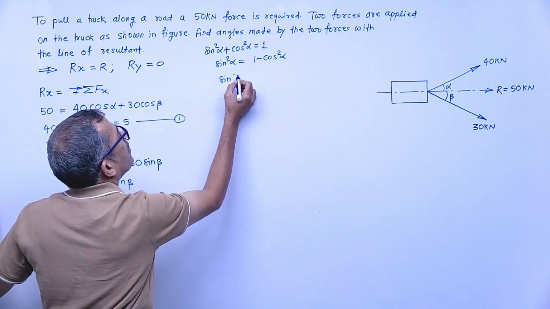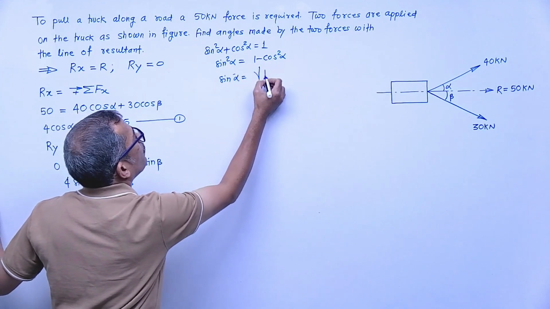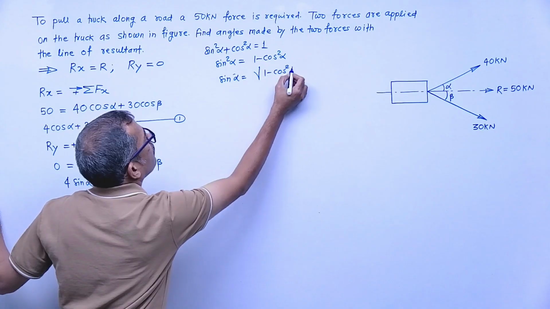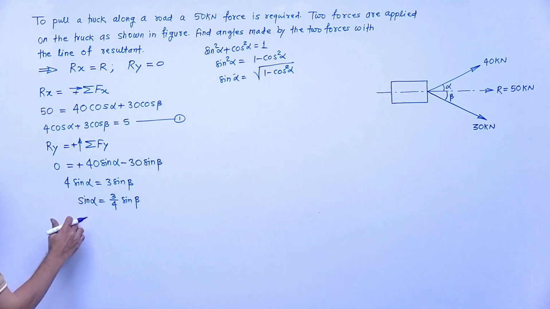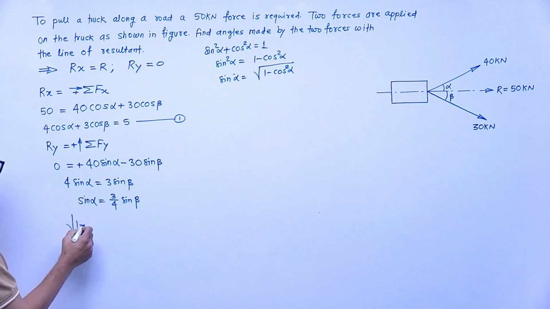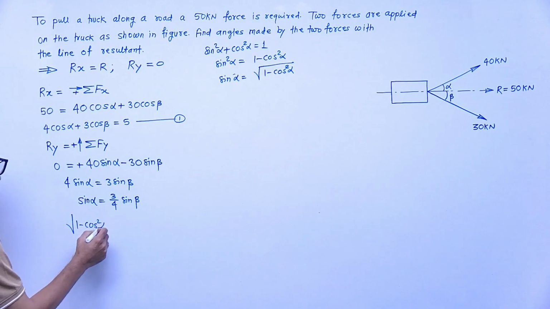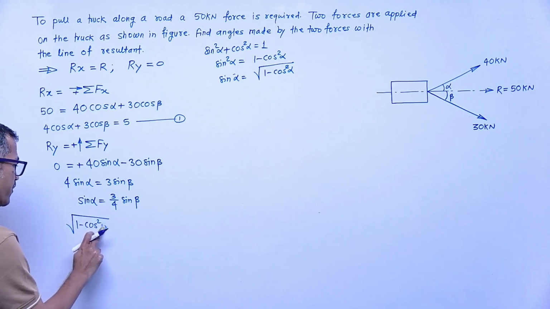Means sin alpha, can you write as root of 1 minus cos square alpha? Sin alpha we will write as root of 1 minus cos square alpha.